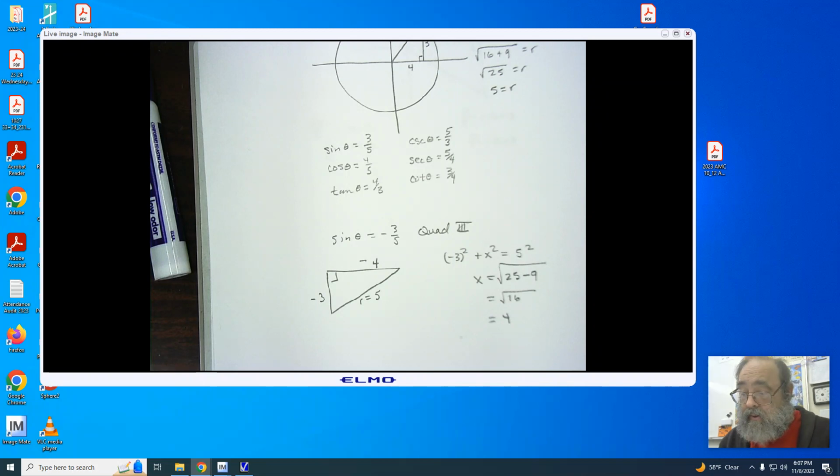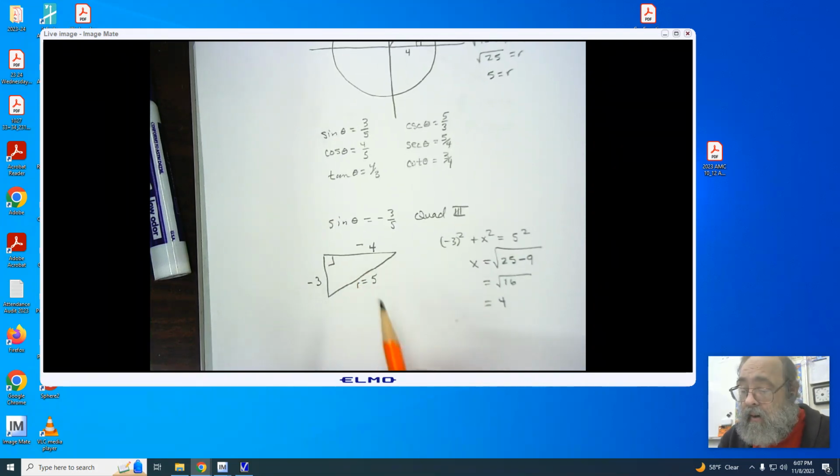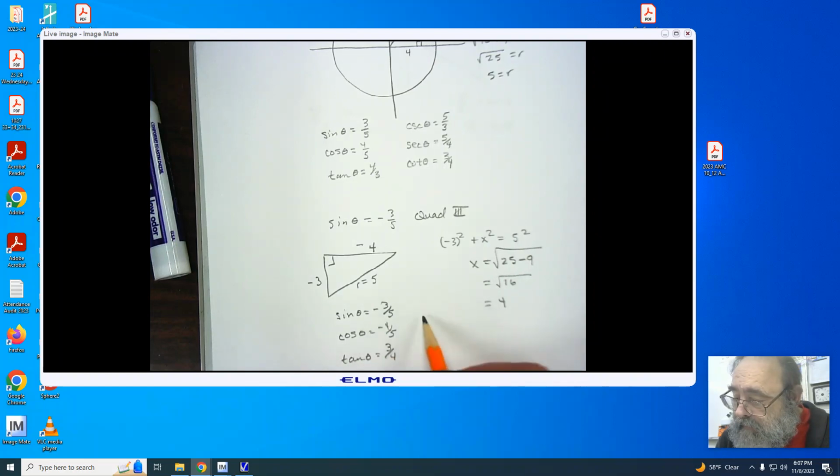Okay? So now once I have my triangle, I can find all of my trig functions, starting with the one given to me, -3/5. Cosine of theta is -4/5. Tangent of theta is a positive 3/4. Cosecant is the reciprocal at -5/3.